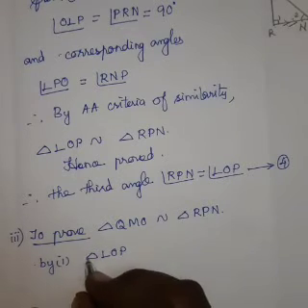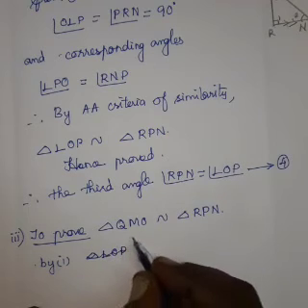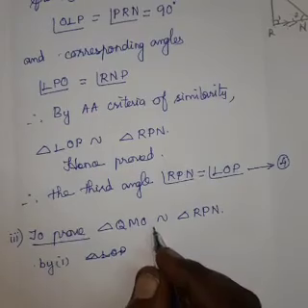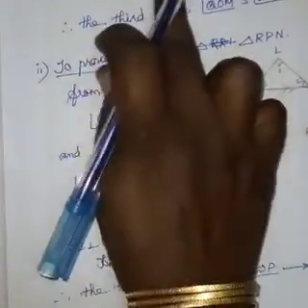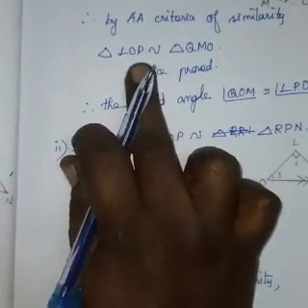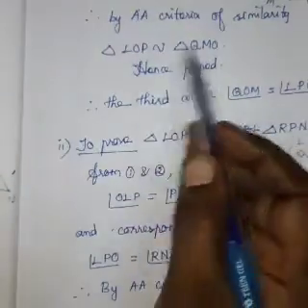For writing this third result, the same triangle LOP similar to triangle QMO, we can write as triangle QMO similar to triangle LOP. We can change the triangles to the other side also.